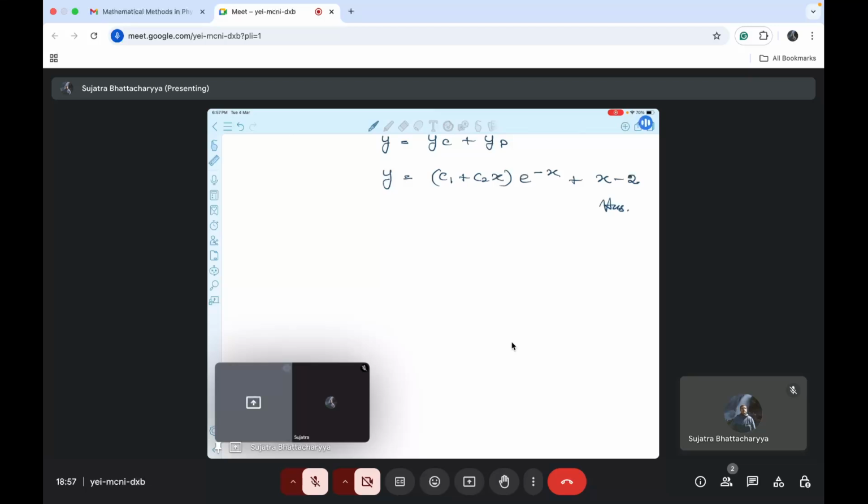The next one will be about f of x when it is equal to sine of ax or cos of ax, something like that. Okay.